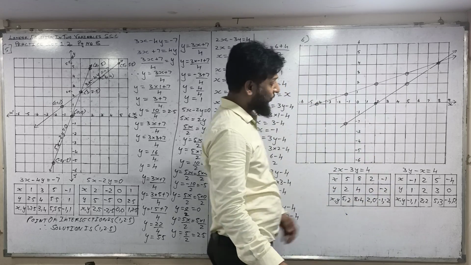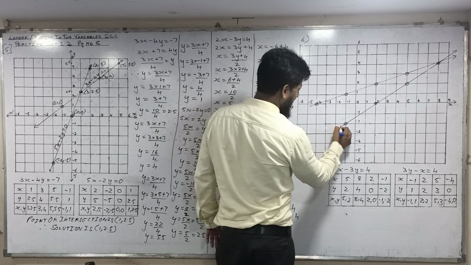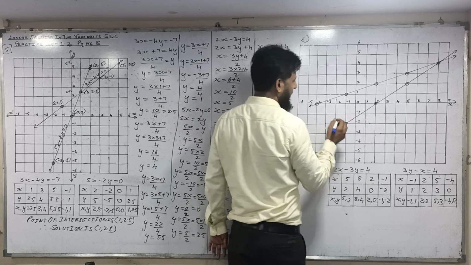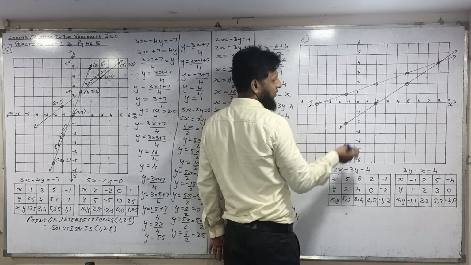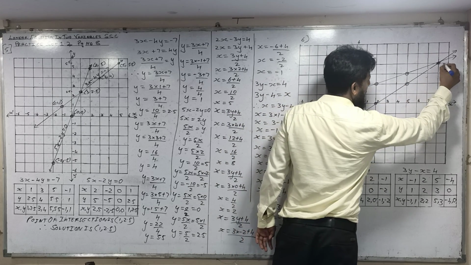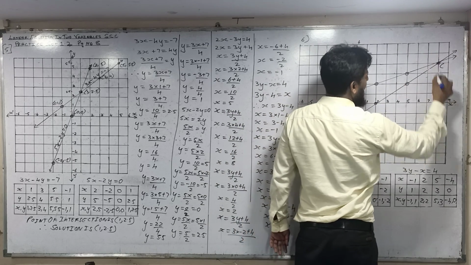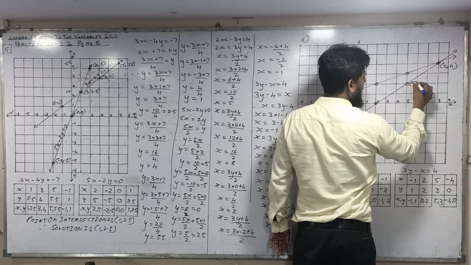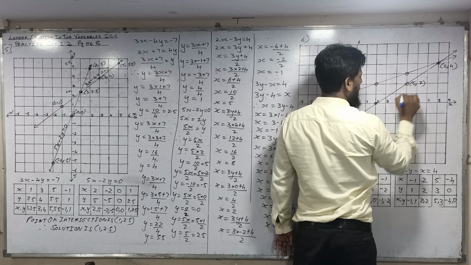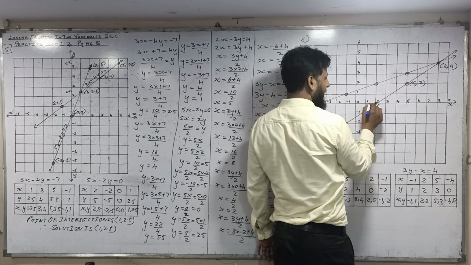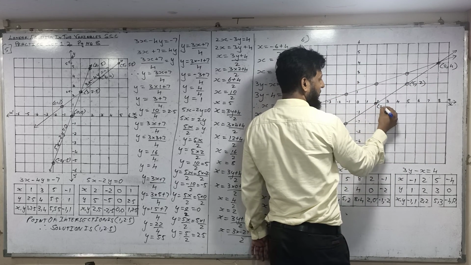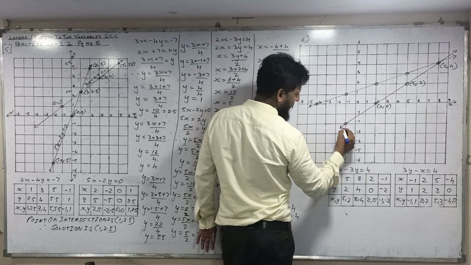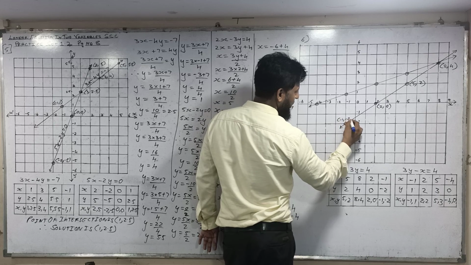Now first I'll write all the points. Put the arrow on both sides, don't forget it. For the first line we plot these points: x value 8 and y value 4; x value 5 and y value 2; x value 2 and y value 0, directly on the x axis; and x value minus 1 and y value minus 2.